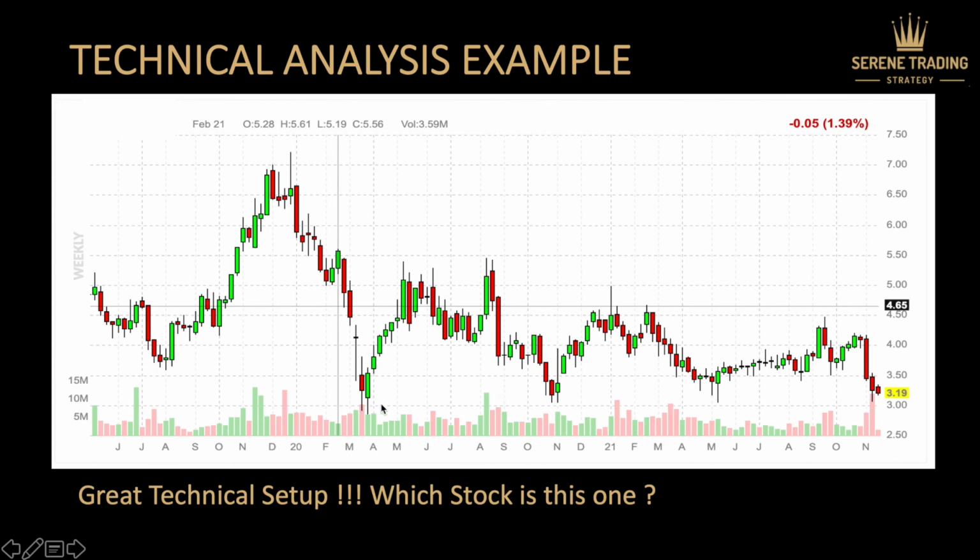Every time the price comes to this around $3 level, you have these long candlesticks coming. So first thing is, it's a multiple bottom on a long term chart, and in the last more than 3 years, this stock has not gone below $3. It just went for some time and it came back, but it stayed very close to $3.